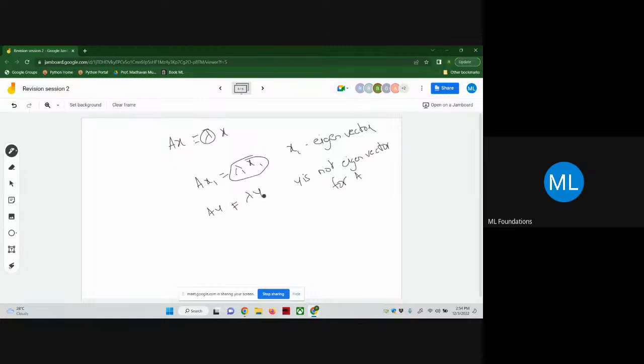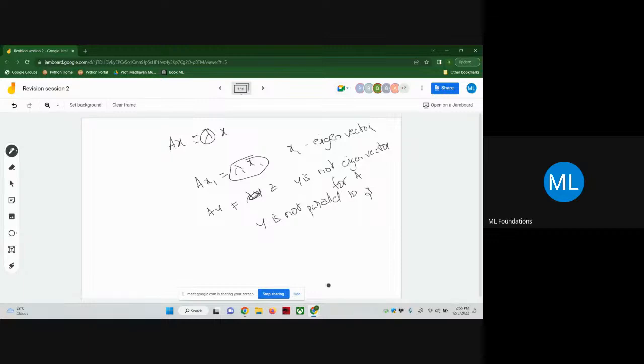In fact, the resultant vector will not be parallel to y. Suppose this resultant vector is z; y is not parallel to z. So only for the eigenvectors, the multiplication of the matrix with the eigenvector will give you a scalar multiple of that particular vector.